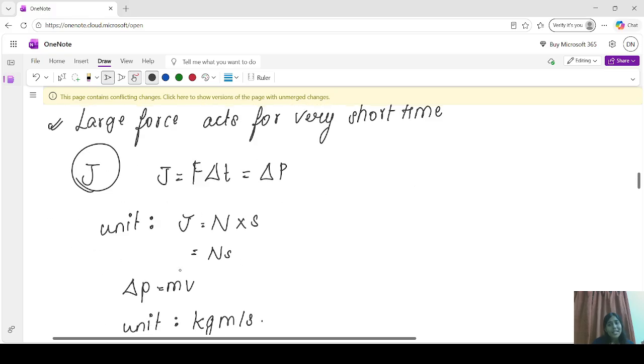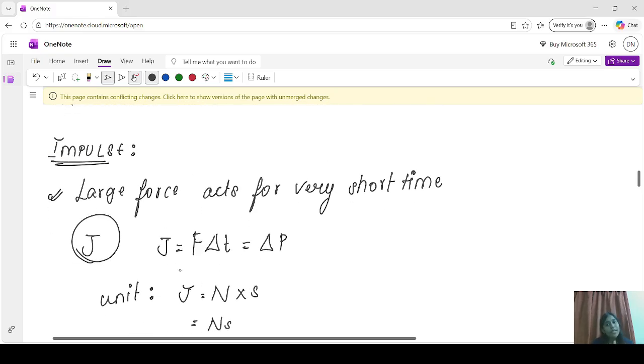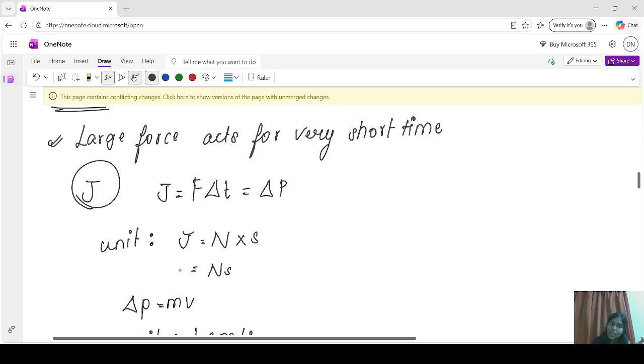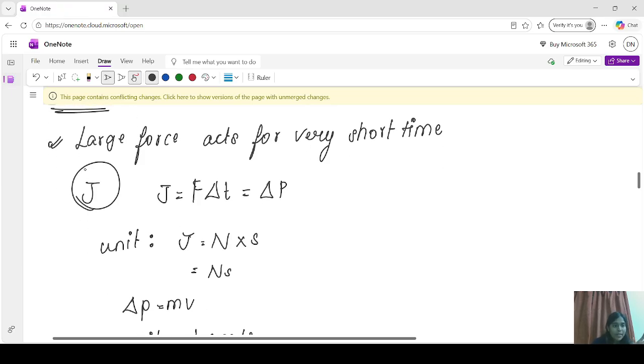And what is impulse? Sometimes a large force acts for a very short time. Okay, like if you hit a ball or a hammer hitting a nail and airbag deployment, all of these involve impulse. So what is the formula of impulse? Impulse is represented as J. Okay. So what is the impulse defined as?